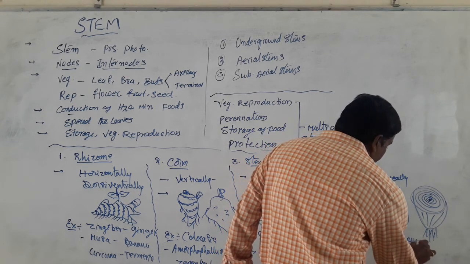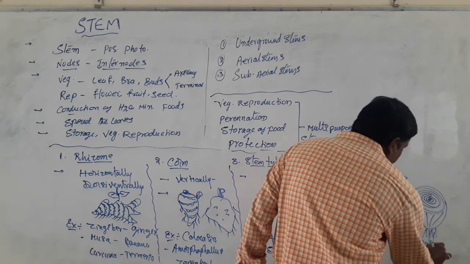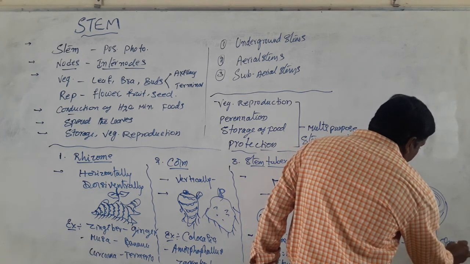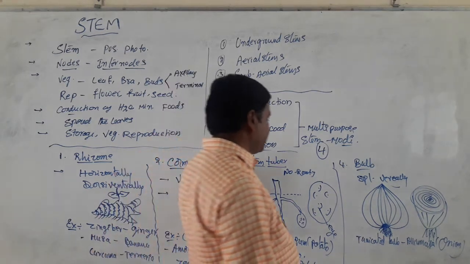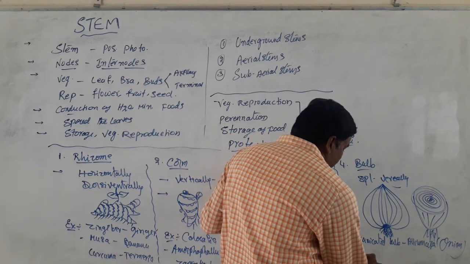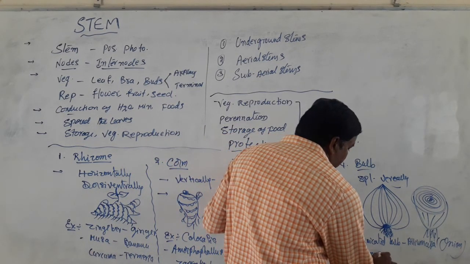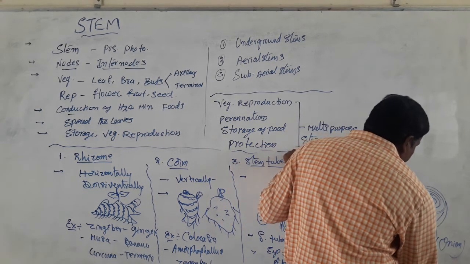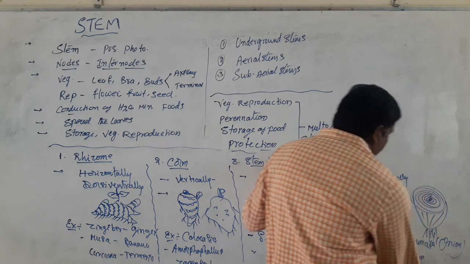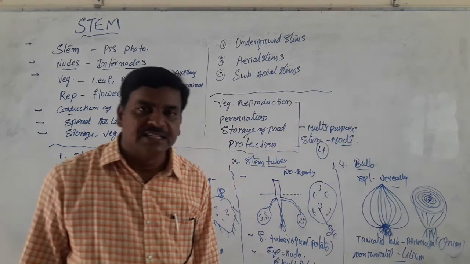Example: Allium cepa, the scientific name of onion. But in some members, non-tunicated bulbs are there. Example: Lilium. They are the best examples for this.